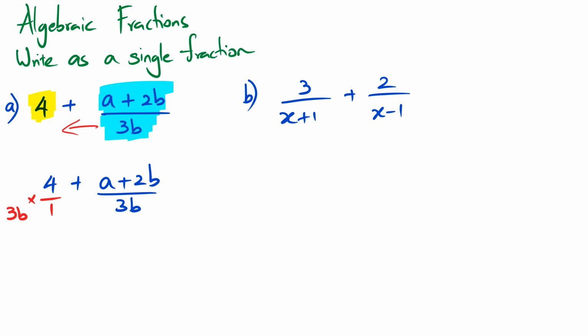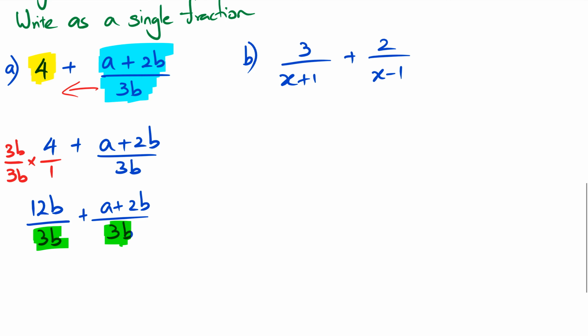But if we do something in the denominator, we also have to do it for the numerator. So I'm going to multiply by 3b for the numerator as well. Okay, and when I do this, I've got 4 times 3b, which is 12b, over 3b, plus a plus 2b over 3b. And now, because both of these denominators are the same, I can actually write this as one fraction.